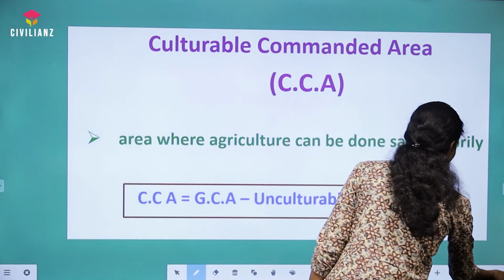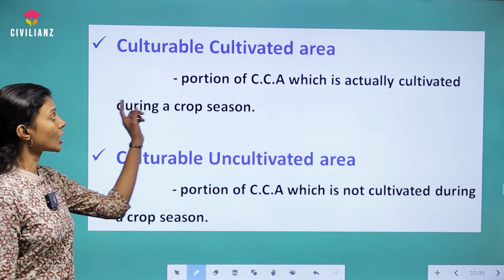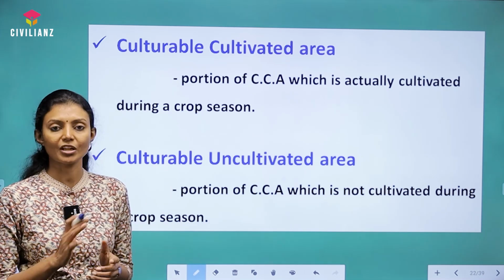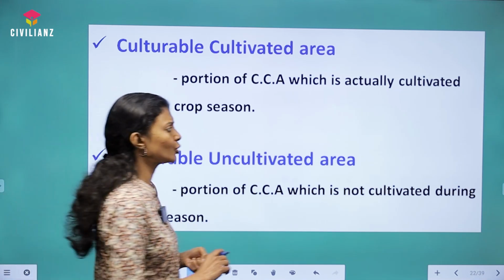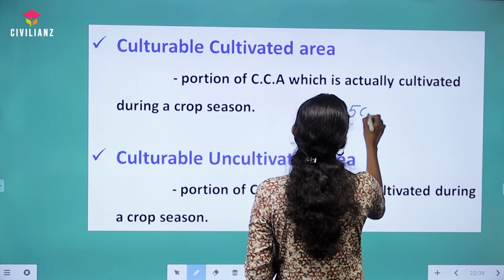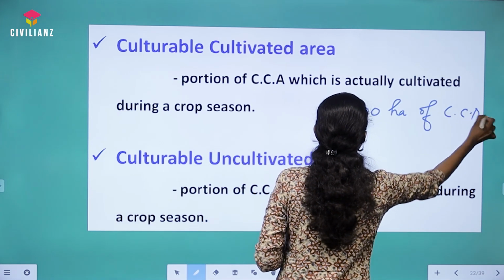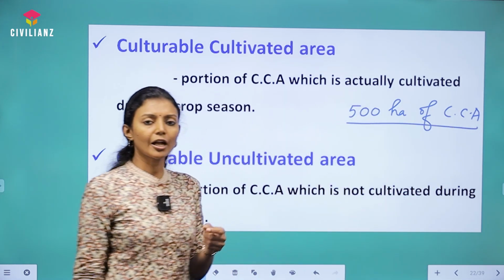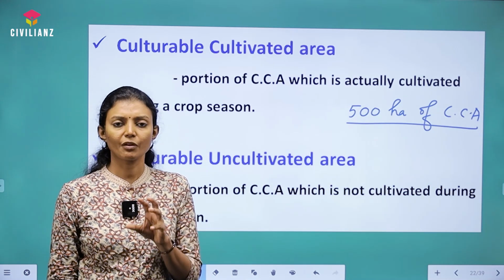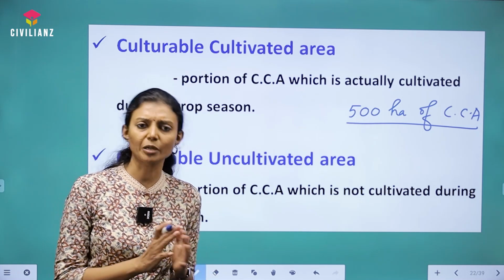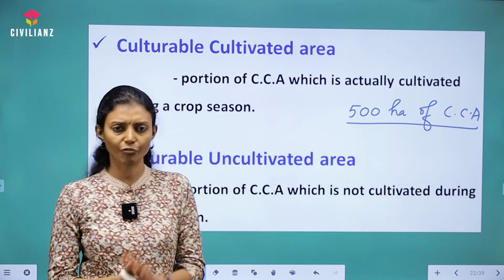And here comes another classification: culturable cultivated area and culturable uncultivated area. So, imagine you have 500 hectares of CCA. During a particular season, we only cultivate half of the area, or 40 percent, or a portion of the area.